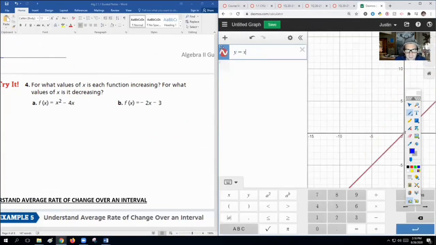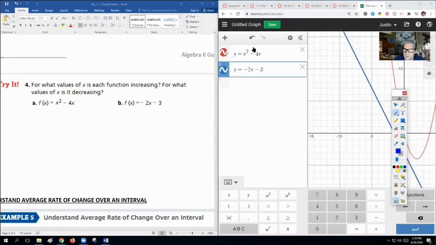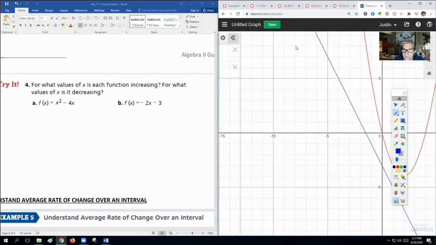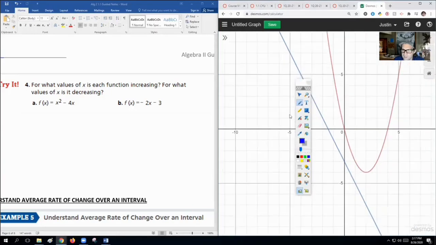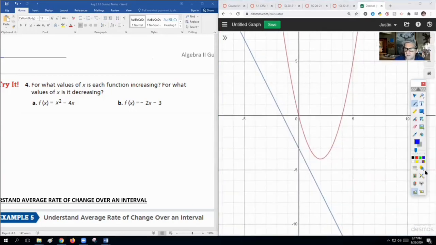So we got y equals x squared minus 4x, and then y equals negative 2x minus 3. That's a blue line there. So red is A, blue is B. If you're colorblind, I apologize. Red is the curved parabola, B is the straight line.